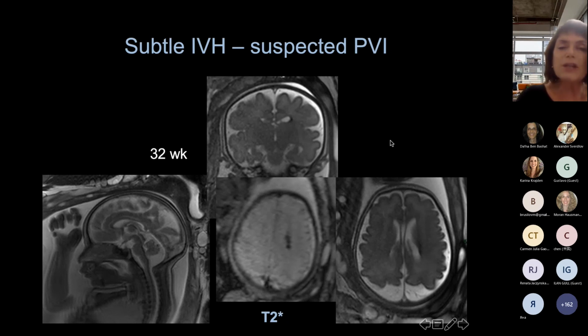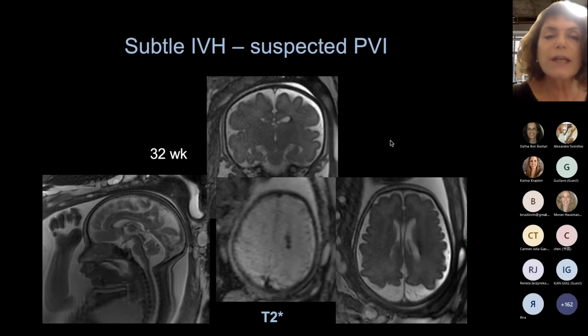And I actually wanted to show you the more subtle cases that, looking in retrospect, I don't think I had called them like this in real time. Again, they were referred due to increased echogenicity or a suspected bleed on ultrasound. And sometimes they were referred due to ventriculomegaly or some abnormal contour of the lateral ventricle.